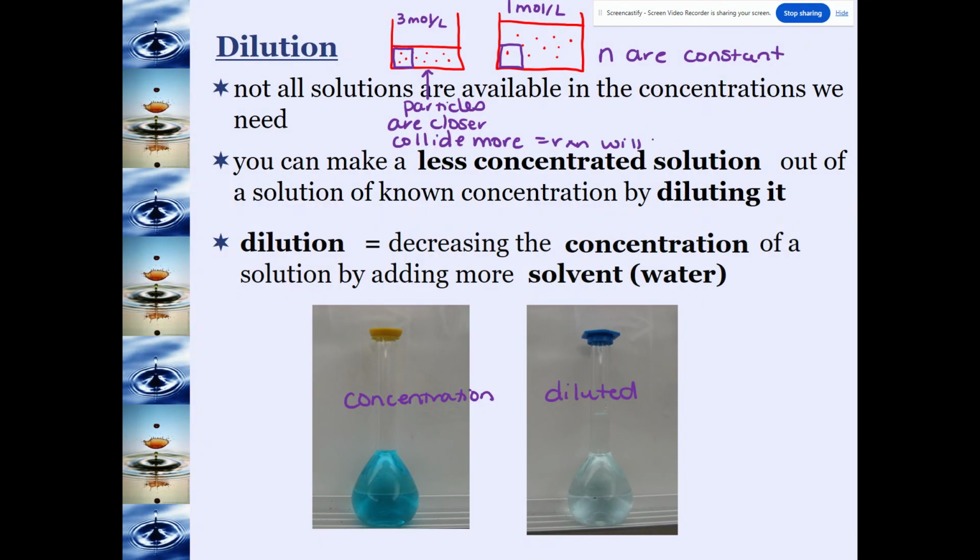It's not because there's more particles. We've already explained that you have the same amount of particles when you dilute a solution. It's just whether they're closer or more spread out. Here they're more spread out, so they collide less, and so the reaction will be slower.